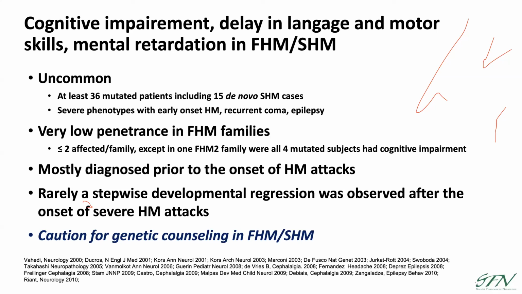And because of this severe outcome, we physicians have to be very cautious for the genetic counseling in familial hemiplegic migraine and sporadic hemiplegic migraine, because we know that depending on the affected gene and the mutations, there is a higher risk of these severe clinical features.